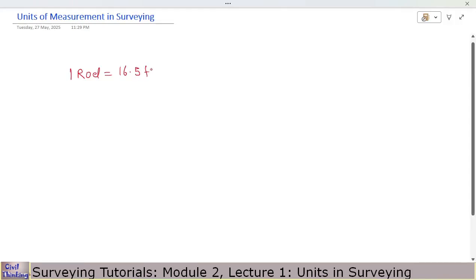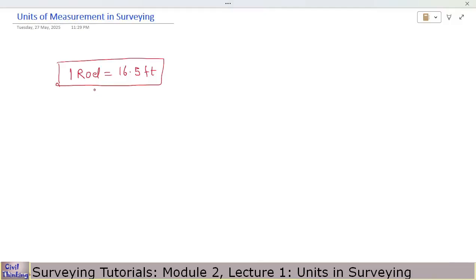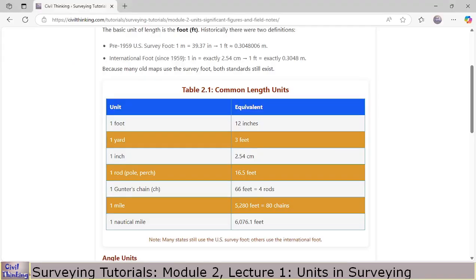After that, remember that one chain, CH, is equal to 4 rods, which makes it 4 times 16.5 feet. And you have to remember this: 1 mile is 80 chains.